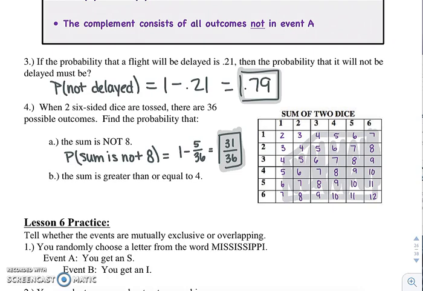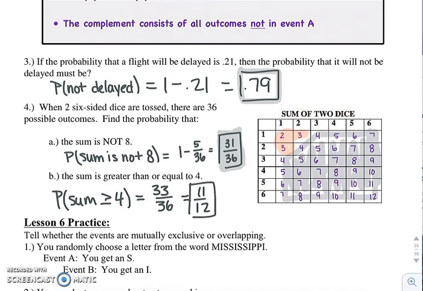Looking at this, I only see 3 that aren't greater than or equal to 4. So I know if there's 36, the probability that the sum is greater than or equal to 4 is 33 out of 36, which reduces to 11/12, or 91%.